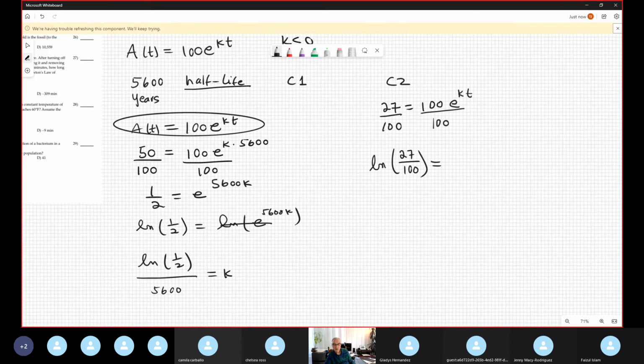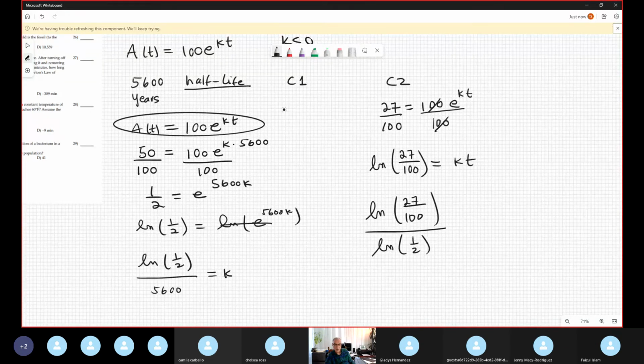I am bored doing this. This cancels out, and logarithm and exponential cancel each other. It is equal to kt. Therefore, t alone, that is our goal, is logarithm of 27 over 100 divided by k. But who is k? k is this. It's logarithm of 1/2 divided by 5600.